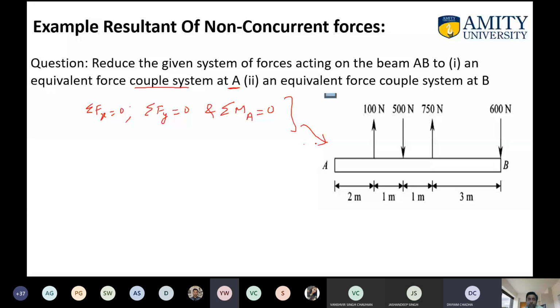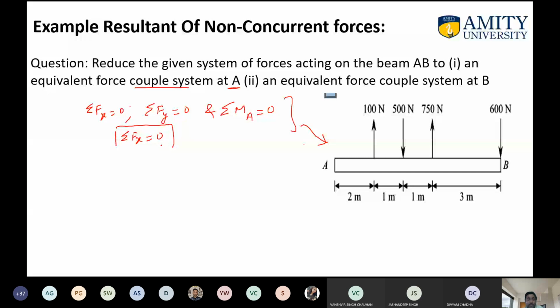Sir, 1625. If I resolve it here, this is Fx, this is Fy, and this is RB. If I go for Fx, Fx is simply 0. There is no other force here.